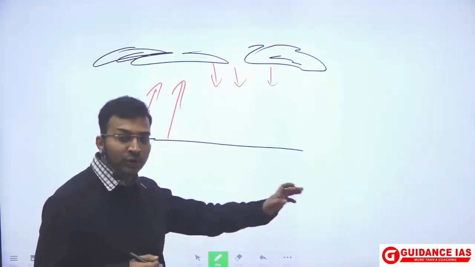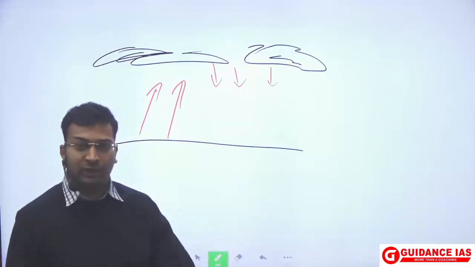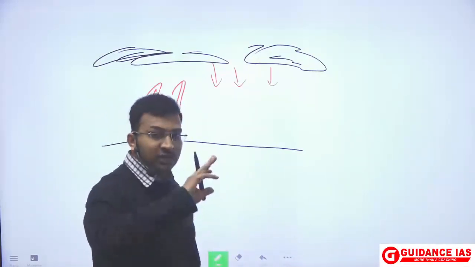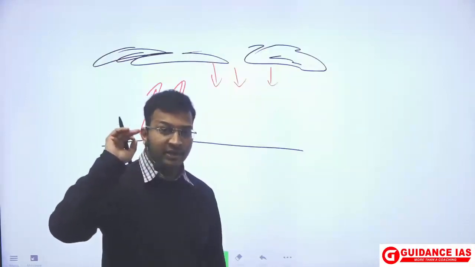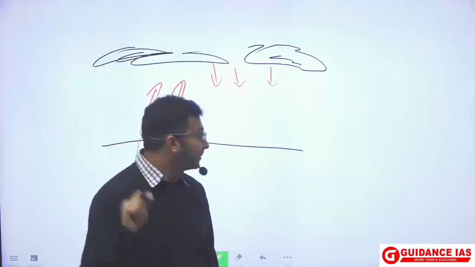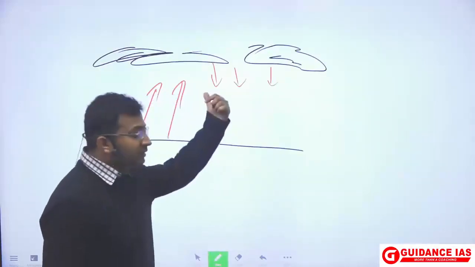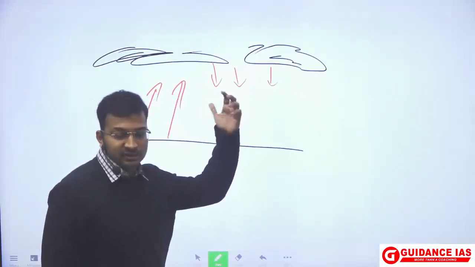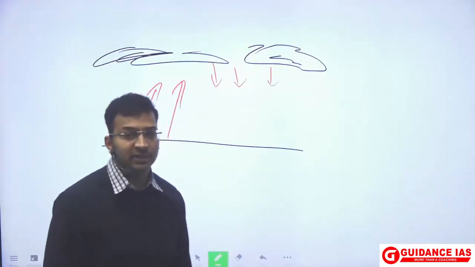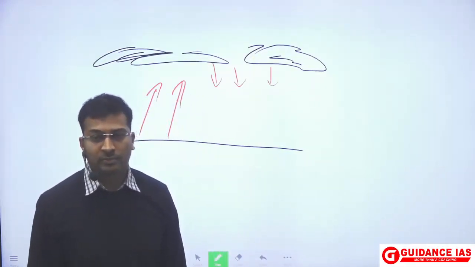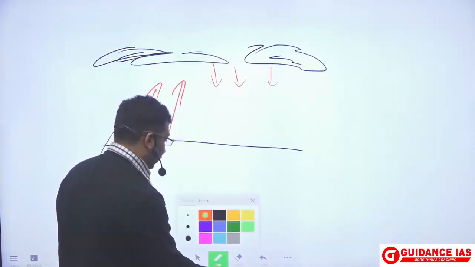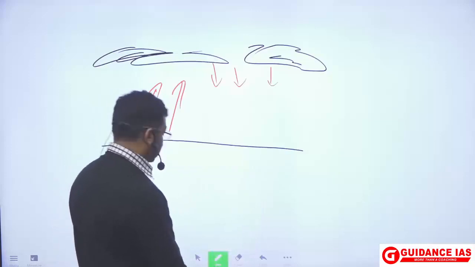We won't go into detail about the types of clouds right now, but just try to understand that higher clouds are present at a much higher height, somewhere around 20,000 feet. But if cumulus and other types of clouds are present, then the radiation temperature inversion won't be observed.